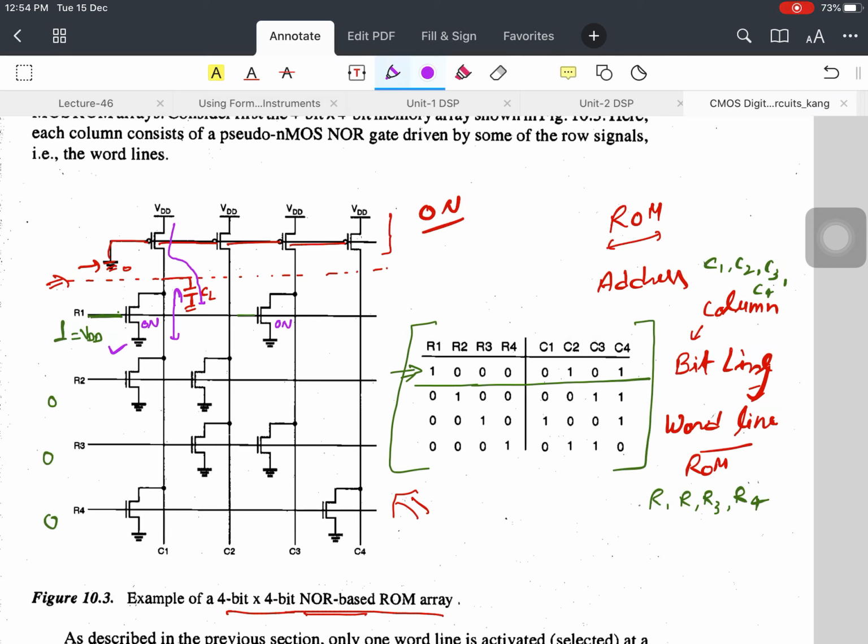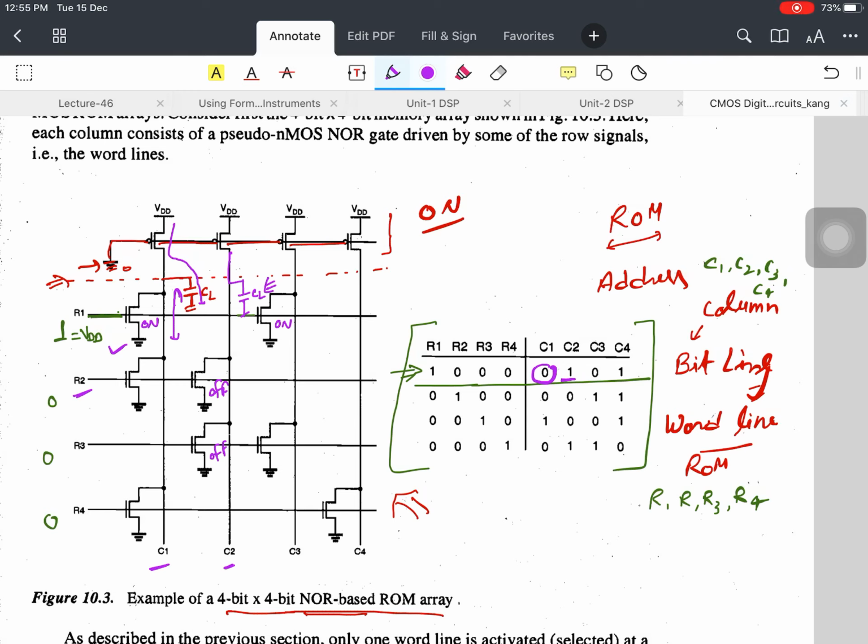So it will be discharged. That is why the value of C1 is 0 over here. Now, if you talk about C2, in C2 there is no path, only the load capacitor is charging there, but this is off because this is 0. So there will be no path to discharge this CL. That is why the value of C2 is 1.